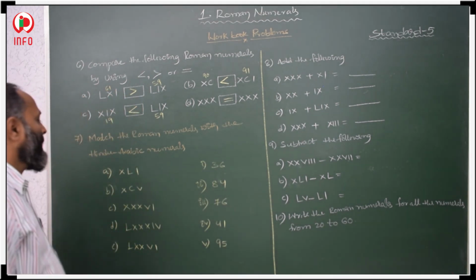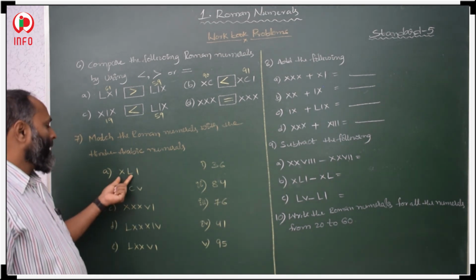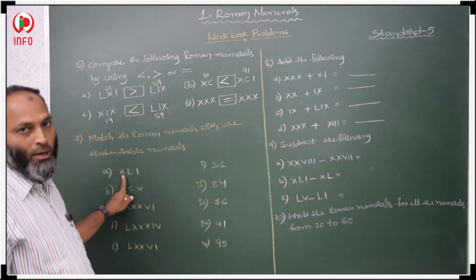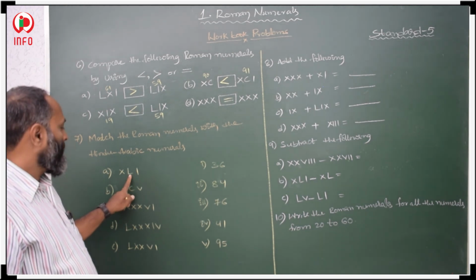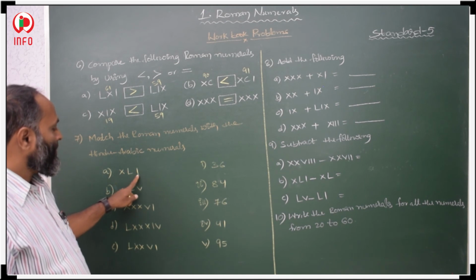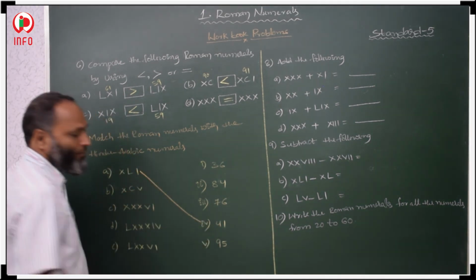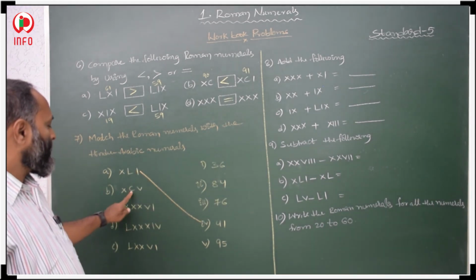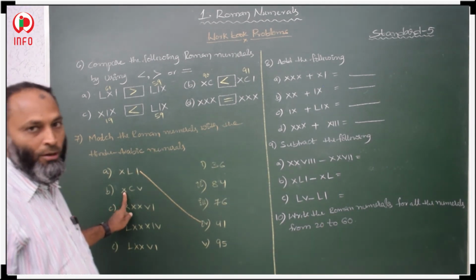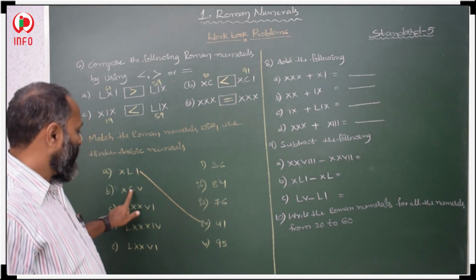Okay. Now match the following. XL means X, the smaller Roman numeral, comes first, means minus. 50 minus 10, 40. 40 plus 1, 41. Where is 41? Then join 41. Then X comes first, means smaller Roman numeral is first. 100 minus 10 is 90.